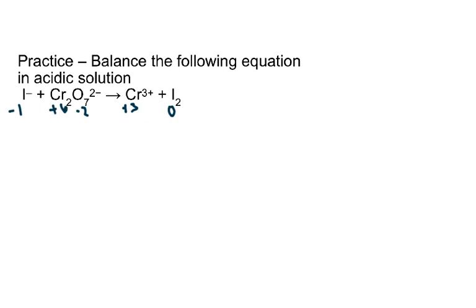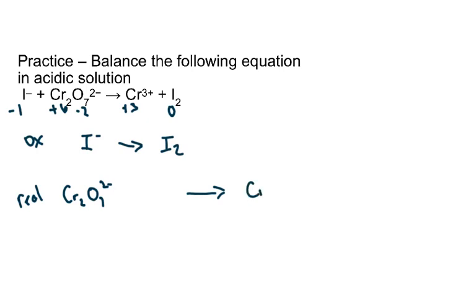So my half reactions, my oxidation is going to be I- goes to I2, and my reduction is going to be Cr2O7 2- goes to Cr3+. Let's work balancing atoms first.